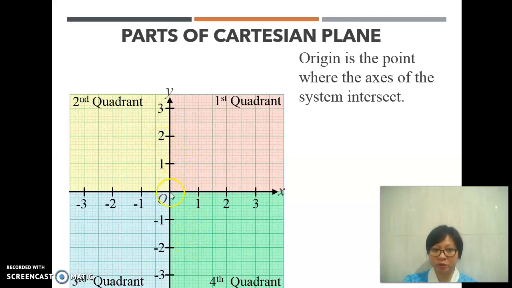Start from the origin. If you move horizontally to the right, you move in the positive direction. If you move horizontally to the left, you move in the negative direction. The same happens if you climb up, it's positive, and if you go down, it's negative.